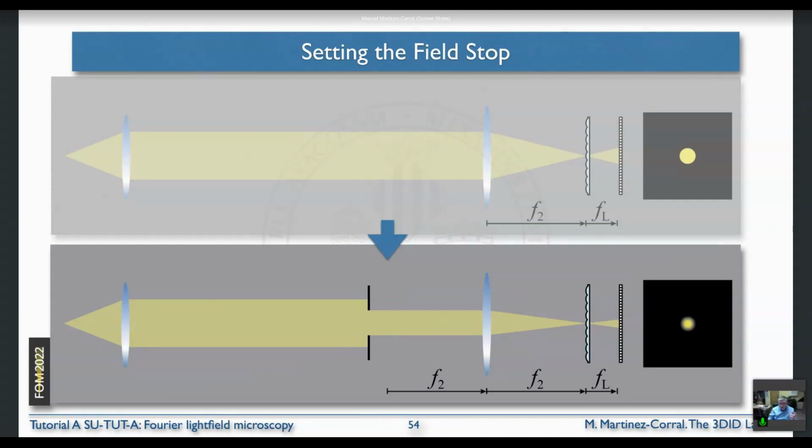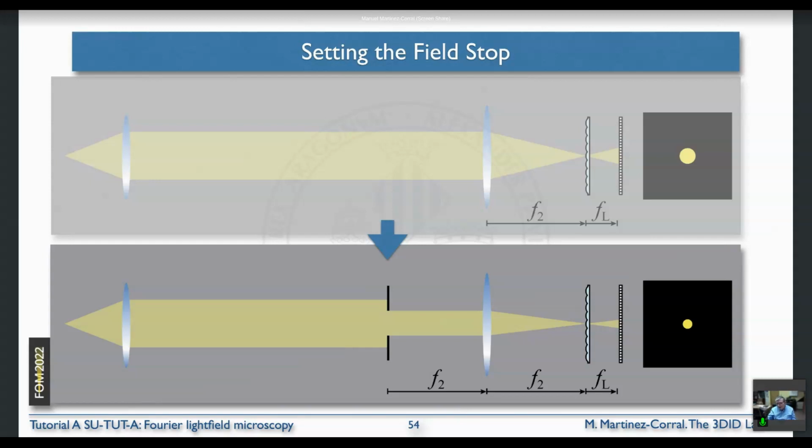You move it. And okay, here I show, this is not a movie, this is only one step. You move it till the borders of the aperture stop are really sharp at the sensor plane. You can check now that you can open it, you can close it, okay?